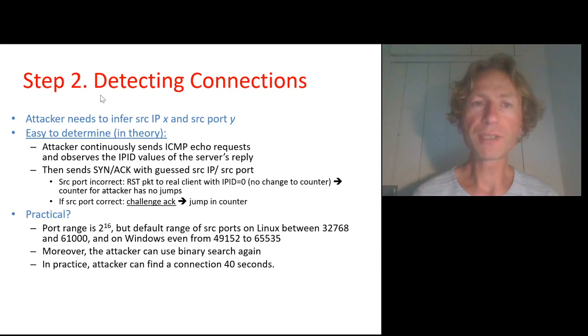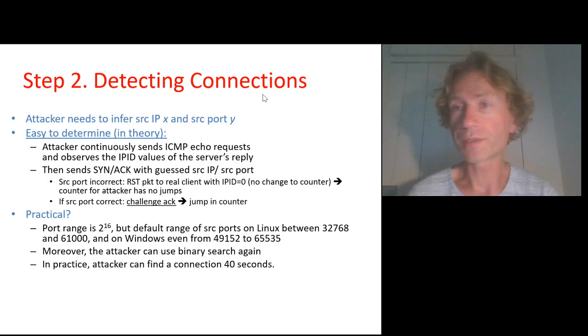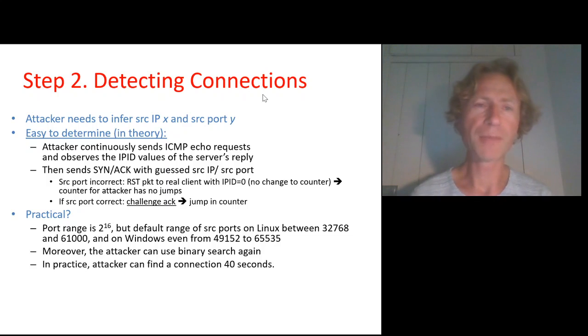So the next step is to detect connections. We want to find the source port and the source IP address, the exact IP address, not just something that maps onto your hash counter. In theory, this is not very complicated.